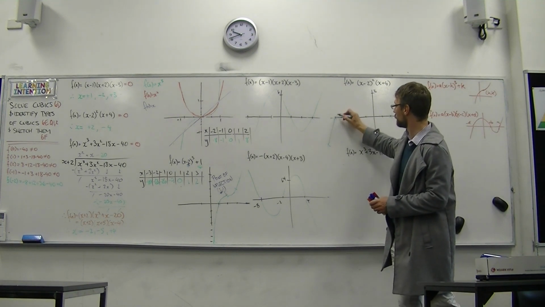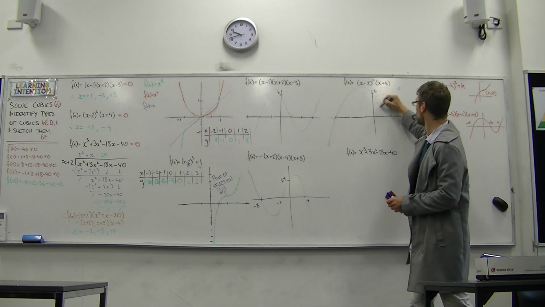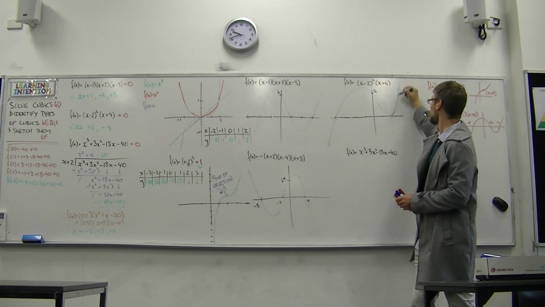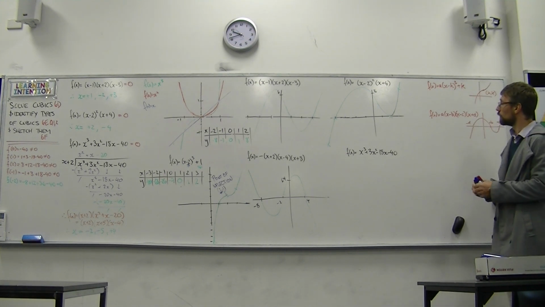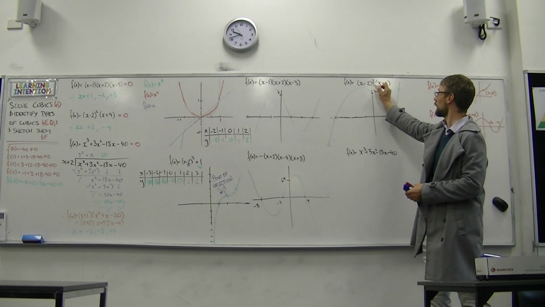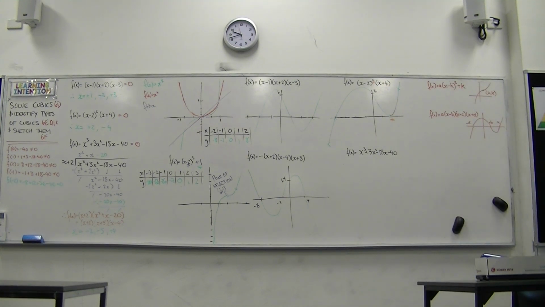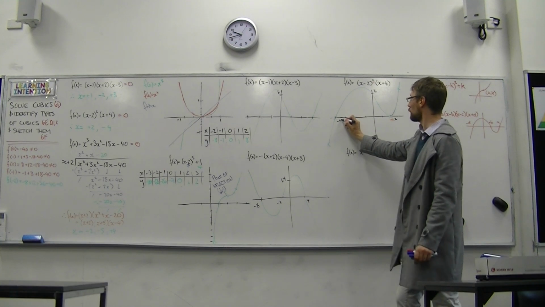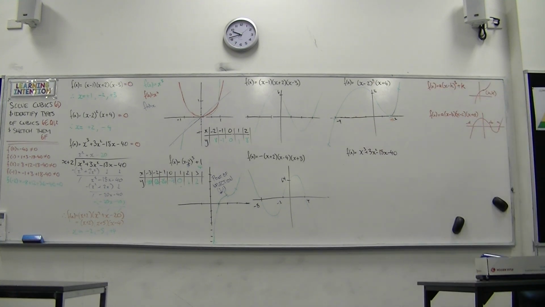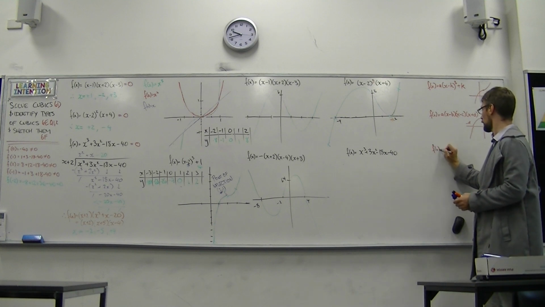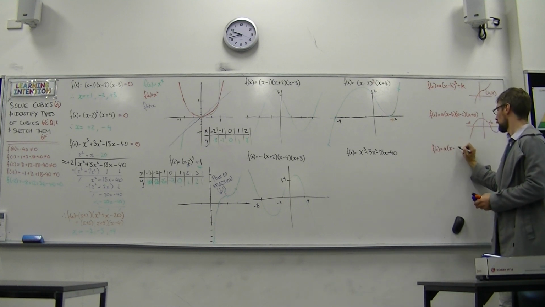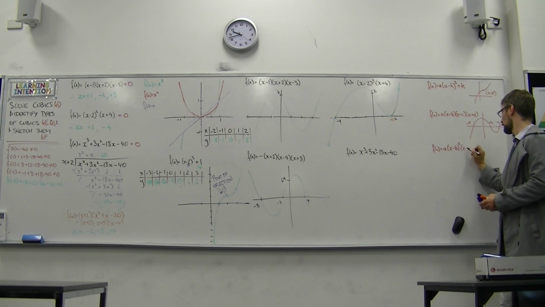It actually does that. The reason it does this bounce is because of that square. Makes sense. I've done the general thing: a lots of x minus b squared, x minus c.